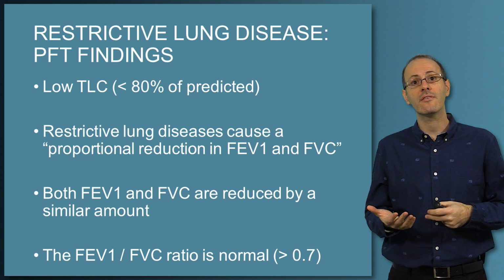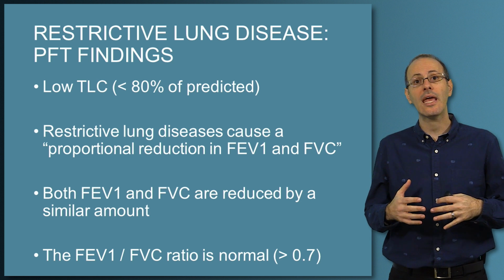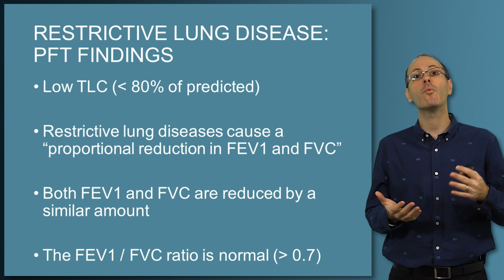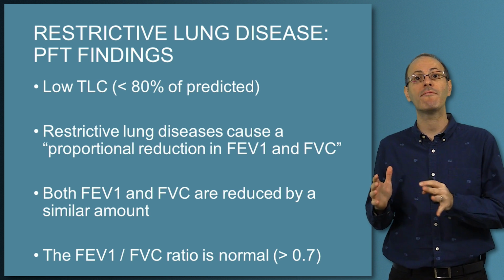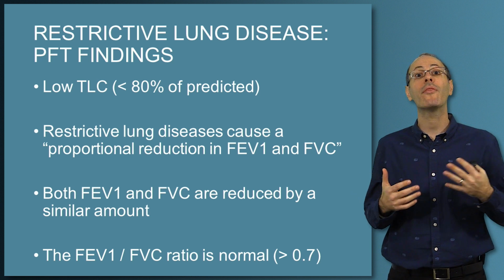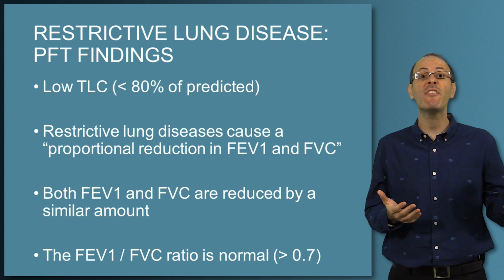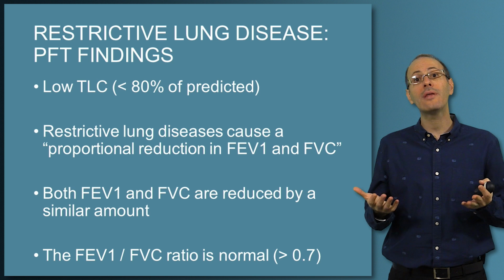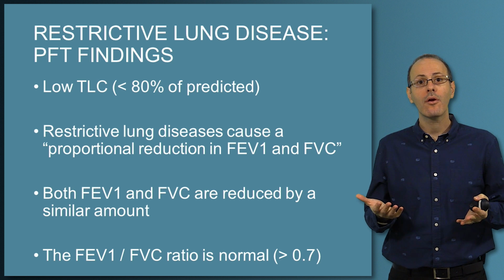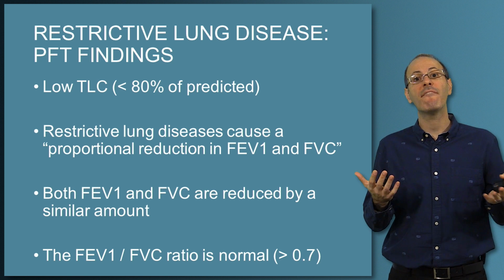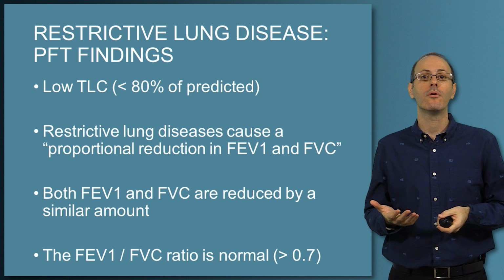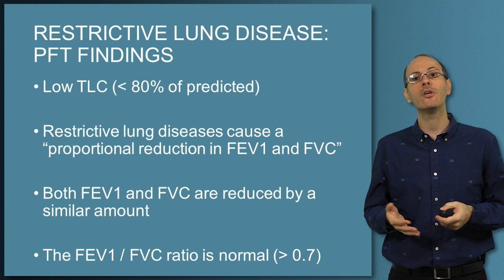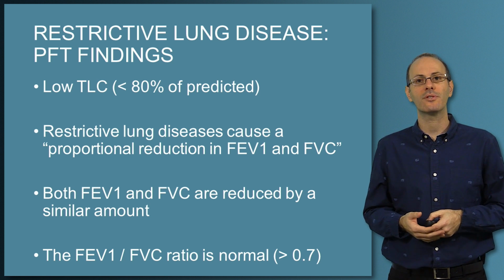In restrictive diseases, like the ones I'm talking about today, patients should have what's called a proportional reduction in FEV1 and FVC. And what that means is that both their FEV1 and their FVC will go down, but should go down by a similar amount so that the FEV1 to FVC ratio is normal. And by normal, I mean that ratio is greater than 0.7 or 70%.